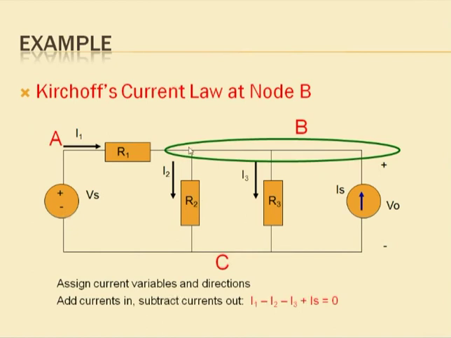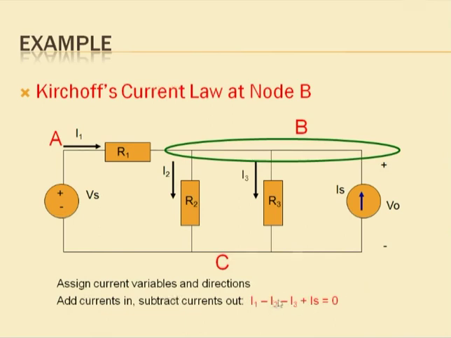I1, that is incoming to the node B, we are considering it positive, so that is the positive I1. I2, that is leaving the node B, it is going out of the node B, so it will be considered as the negative. That's why minus I2. I3 is also leaving, that means it will be considered as the I3 negative, and the IS, that is incoming current to the node B, so IS will be considered as the positive.